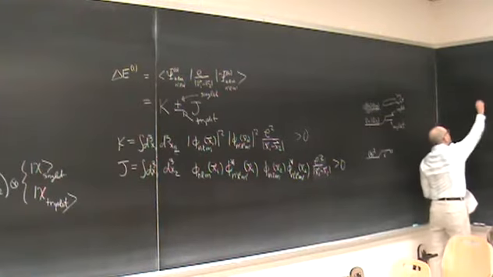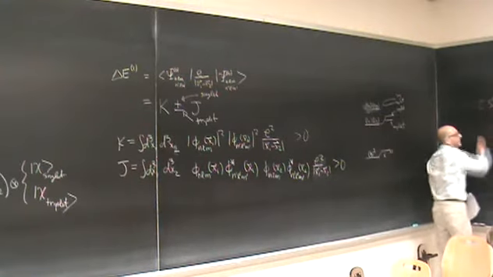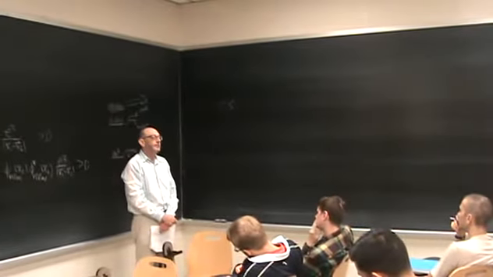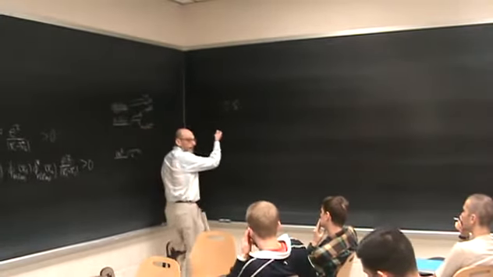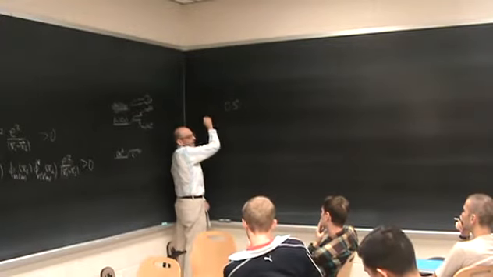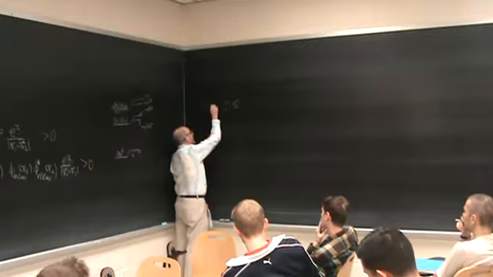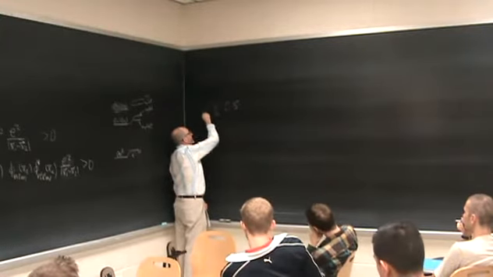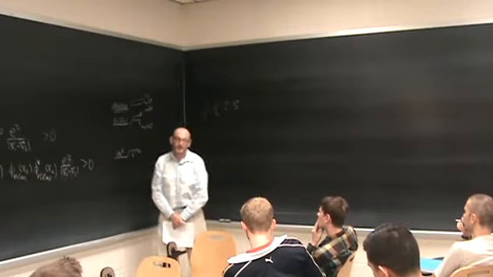We had something like L dot S. Right? Now, the way we dealt with that is we said there's some energy scale associated with this. This energy scale was alpha squared, the fine structure constant squared, times the Hartree. So this was a very small number.